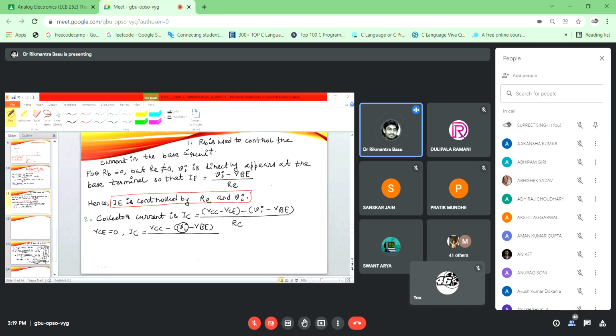Others are capital letters because all those are DC sources. So hence IC is controlled by VI only. So this is another controlling parameter or design parameter when we are doing it for the IC.